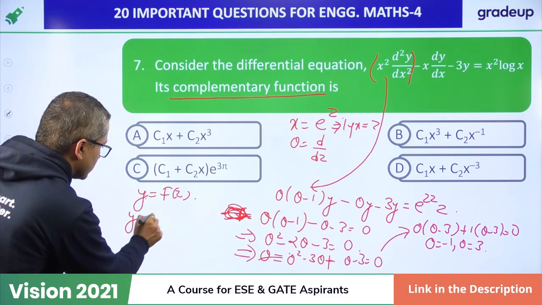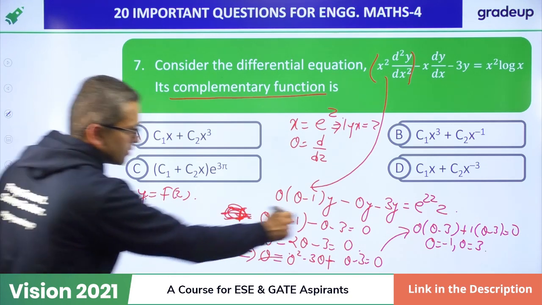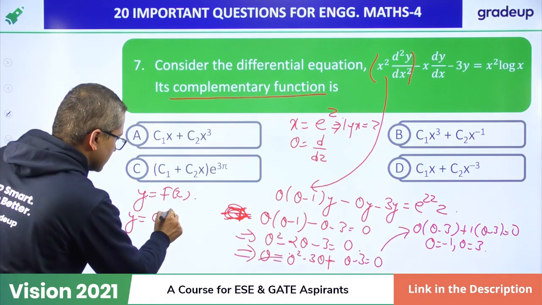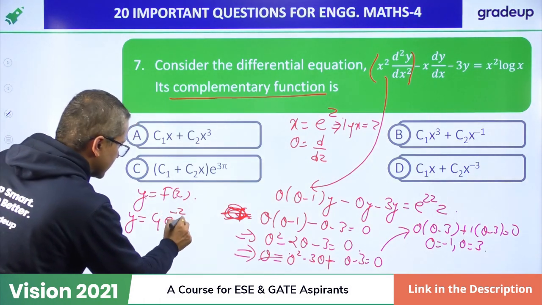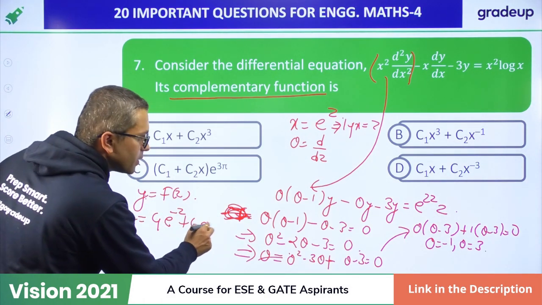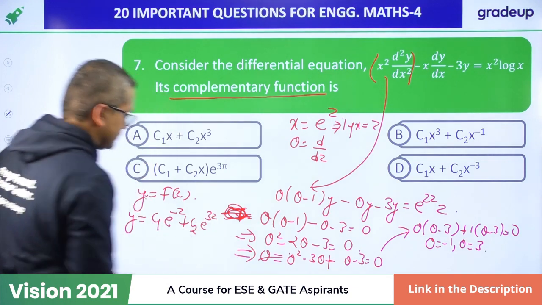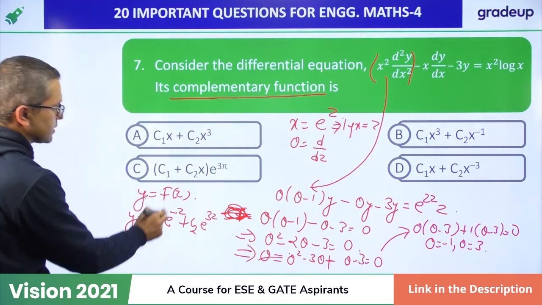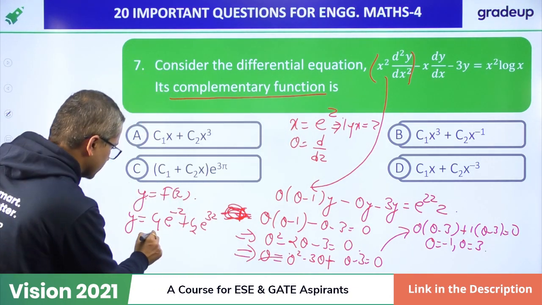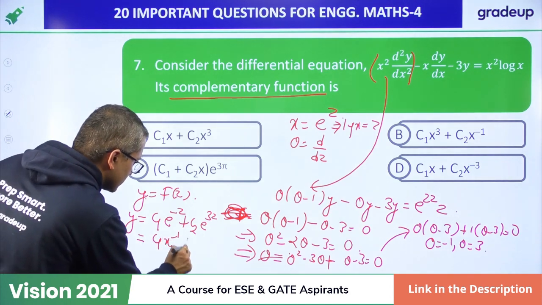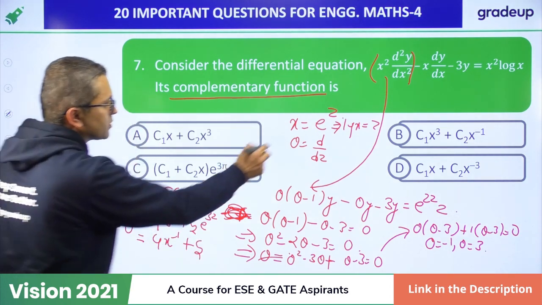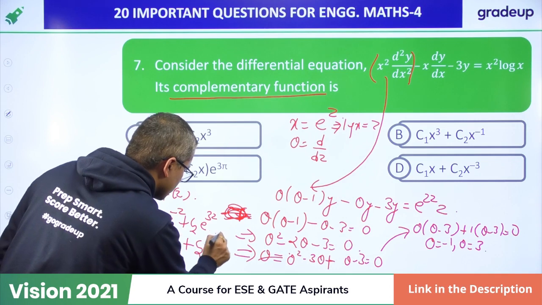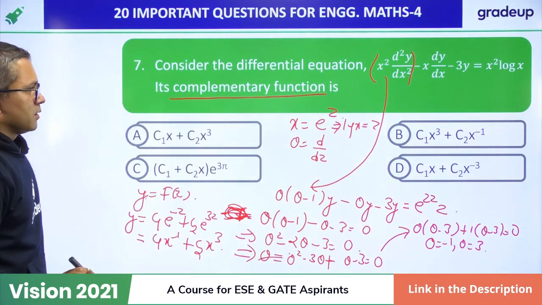So it should be y equal to c1 e to the power minus z, plus c2 e to the power 3z. All right. Now e to the power z is x, so this becomes c1 x inverse plus c2 e to the power 3z will be x cube. All right.